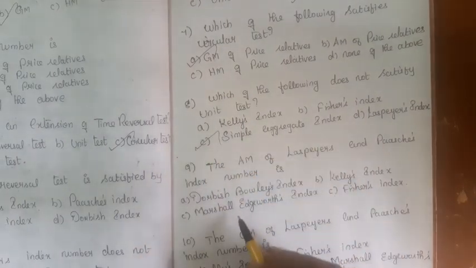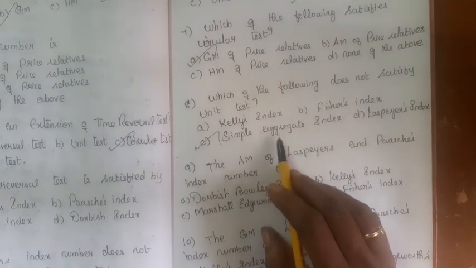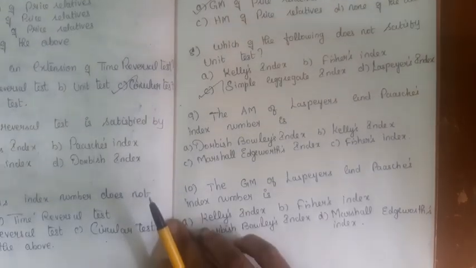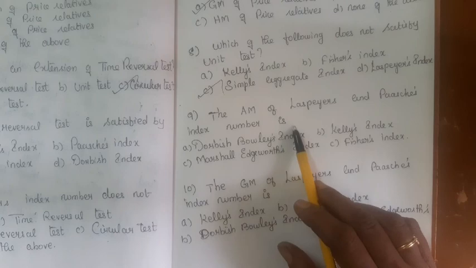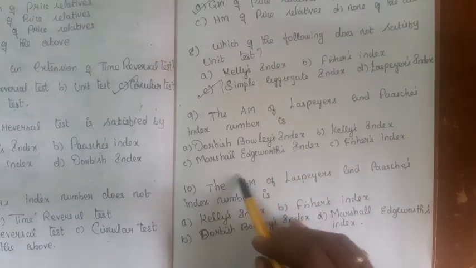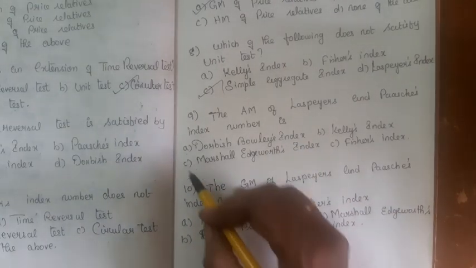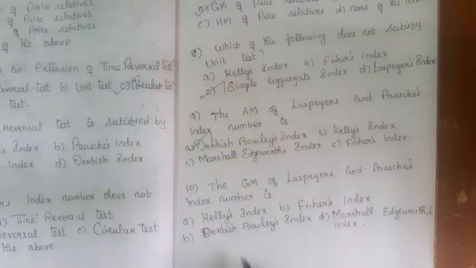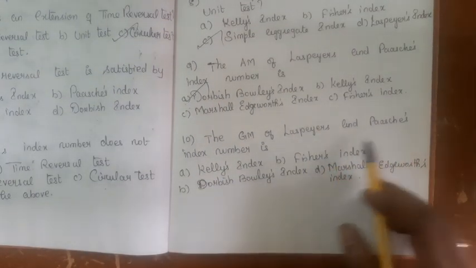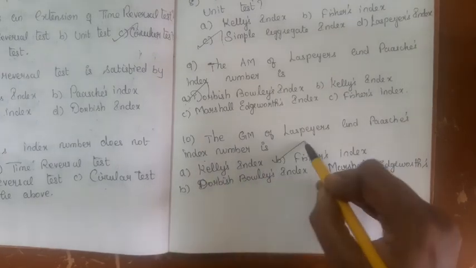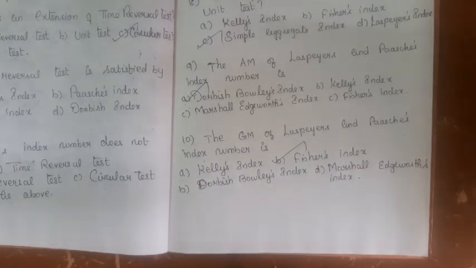So, which does not satisfy the unit test is the simple aggregate index. The arithmetic mean of Laspeyres's and Paasche's index number is Dorbish-Bowley's index number. The geometric mean of Laspeyres's and Paasche's index number is Fisher's index number.